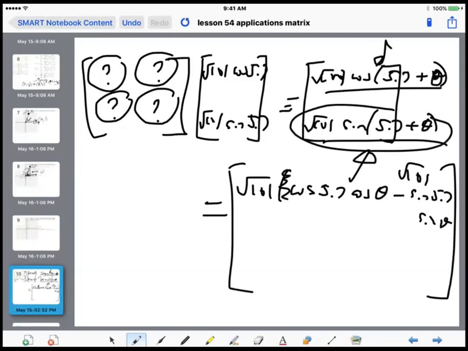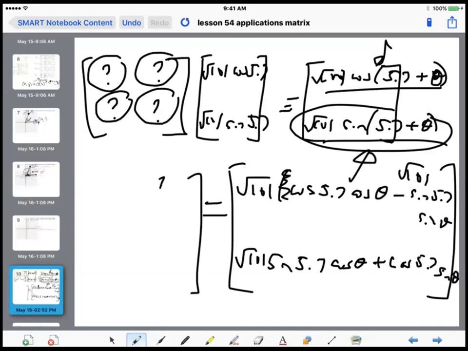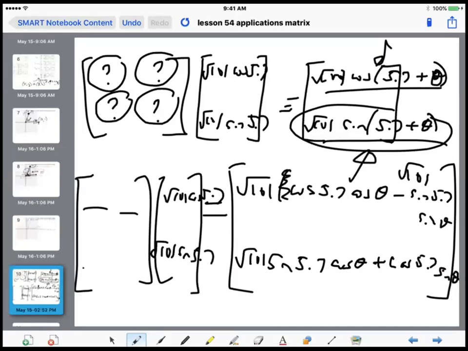The sine A plus B formula is sine A cosine B plus cosine A sine B. So it's sine 5.7 cosine theta plus cosine 5.7 sine theta. Well, now, square root of 101 cosine 5.7, square root of 101 sine 5.7. Does someone have a suggestion about what these four things are so that this ends up happening?